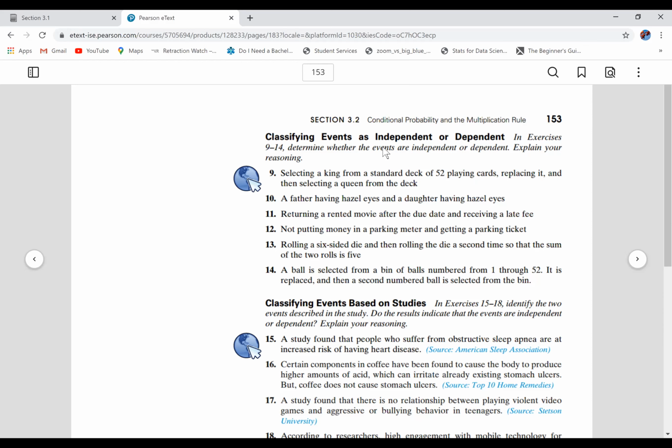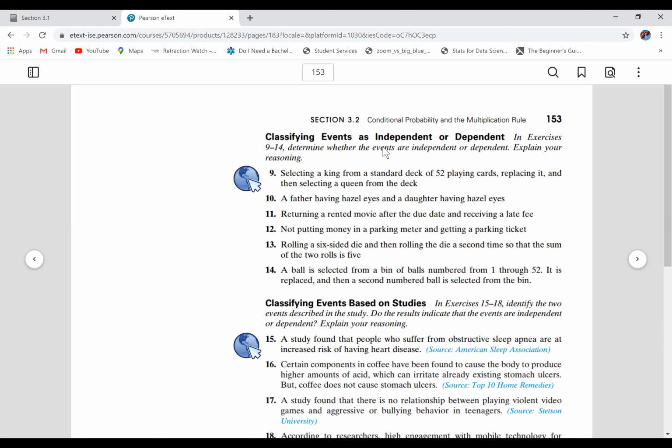13. Rolling a 6-sided die and then rolling a die a second time so that the sum of the two rolls is 5. Dependent. Do you guys agree it is dependent, because what we get on the first die determines what we need to get on the second one.